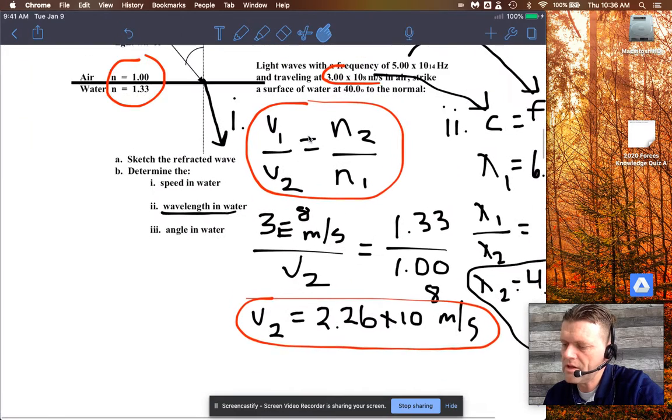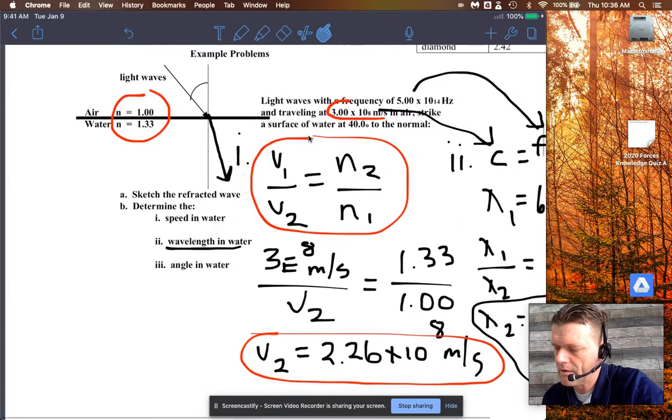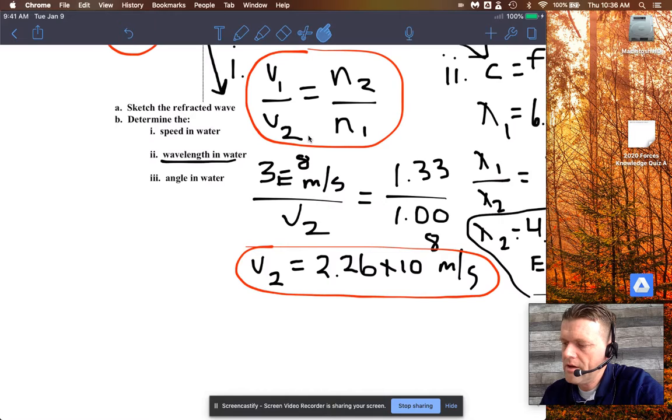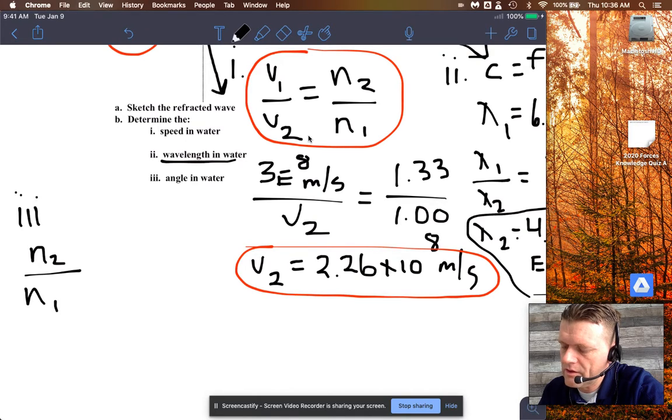Now, question number 3, the angle in the water. Okay, now we actually get to use the part of the expression that has the angle in it. So I'll maybe do that right over here. So we can just use the 2 indices of refraction and solve for, oops, sorry, that's supposed to be theta 1.